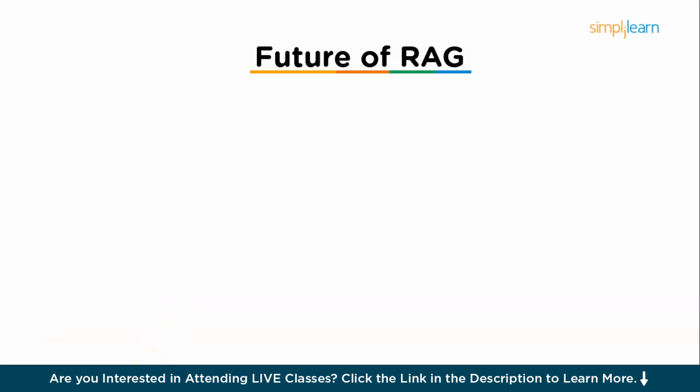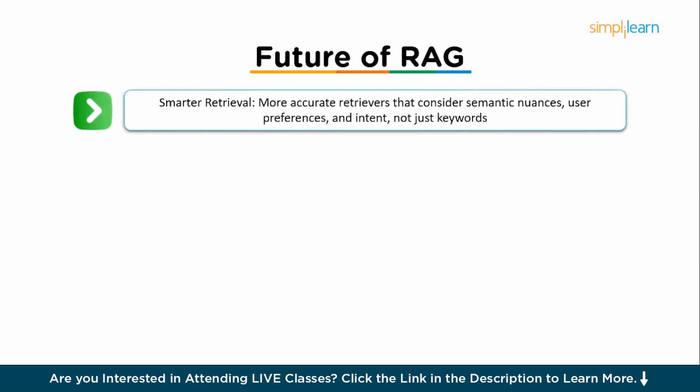So lastly and finally, we have a conclusion over here. And the conclusion basically focuses on the future of RAG. So as powerful as RAG is today, its future looks even more promising. So in the upcoming years, we can expect smarter retrieval, that is, more accurate retrievers that consider the semantic nuances, user preferences and intent, not just keywords.